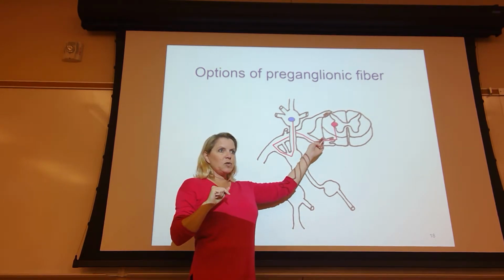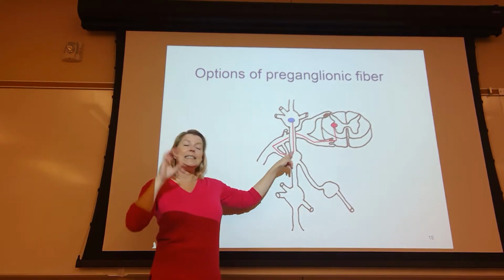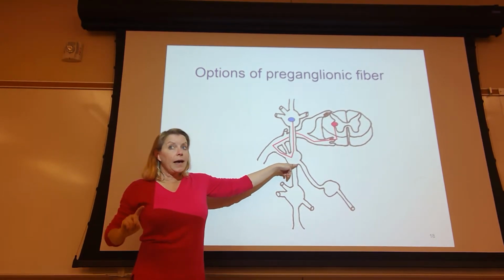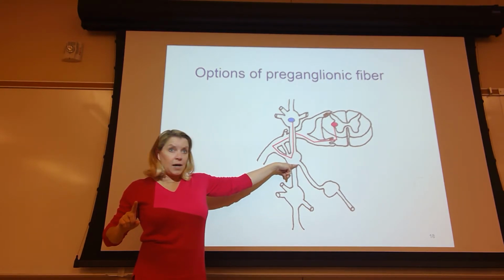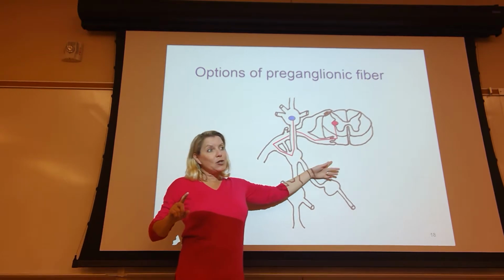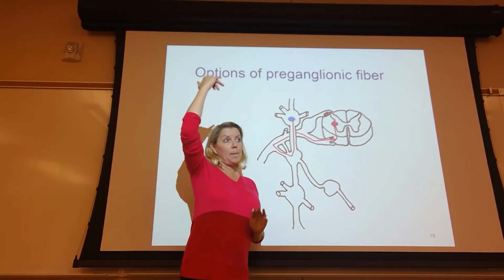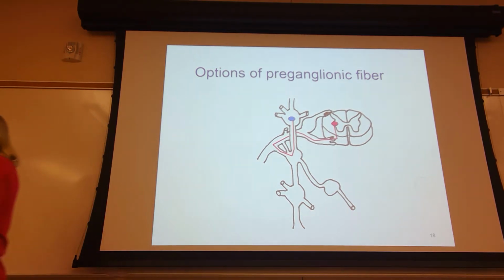That is an option for the preganglionic fiber. You can either enter at level and stay at level, which none of you did today, or you can enter at a level and go up or down as necessary. Those are the options for the preganglionic fiber.